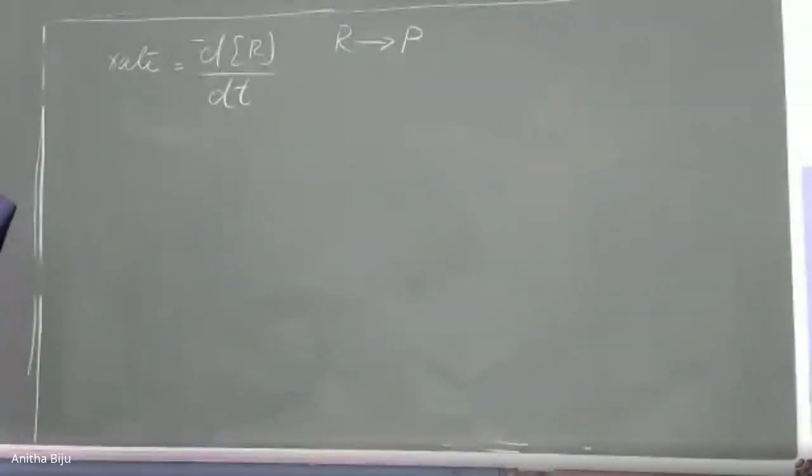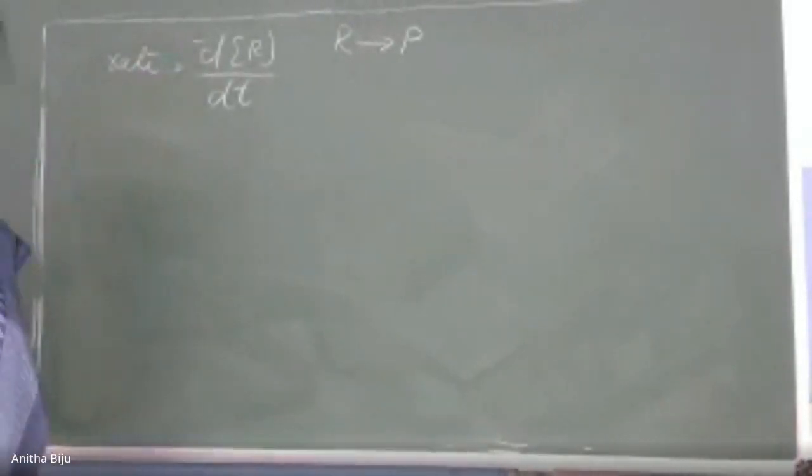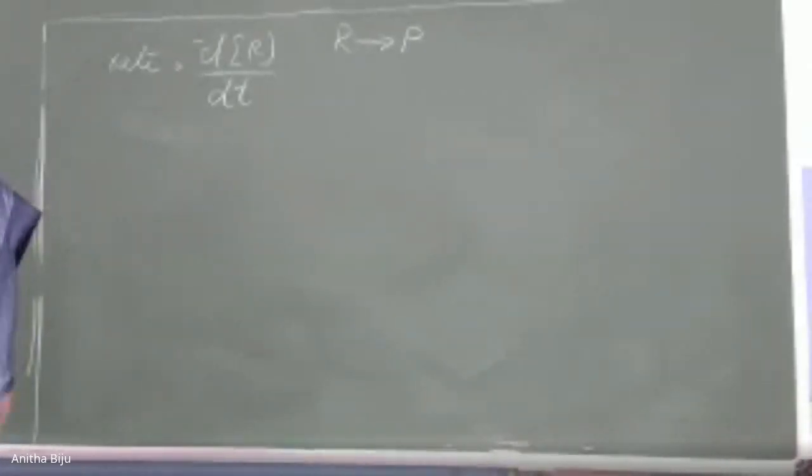It is in square brackets. What is the meaning of minus there? Anyone? Why is there a negative sign here? What is the meaning of this negative sign? Decrease in concentration. Good. That means when time is going on, the molar concentration of reactants decreases. That is the meaning of minus.